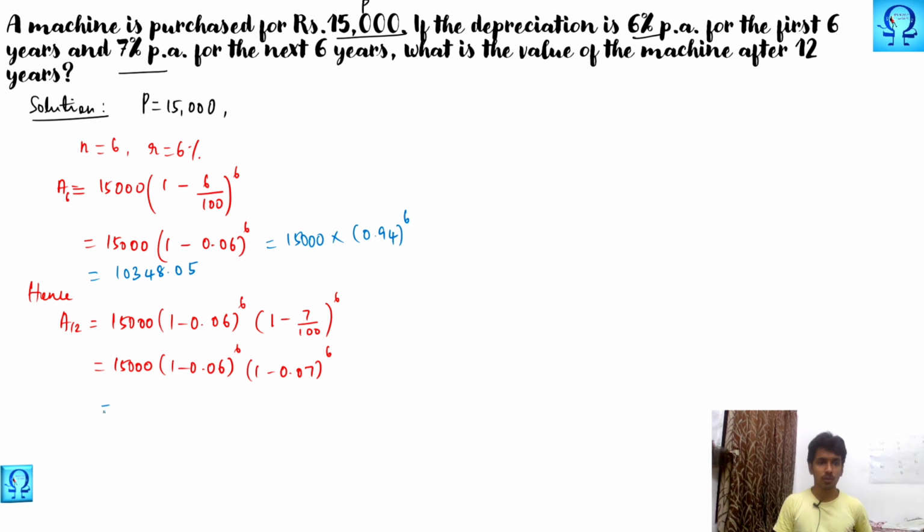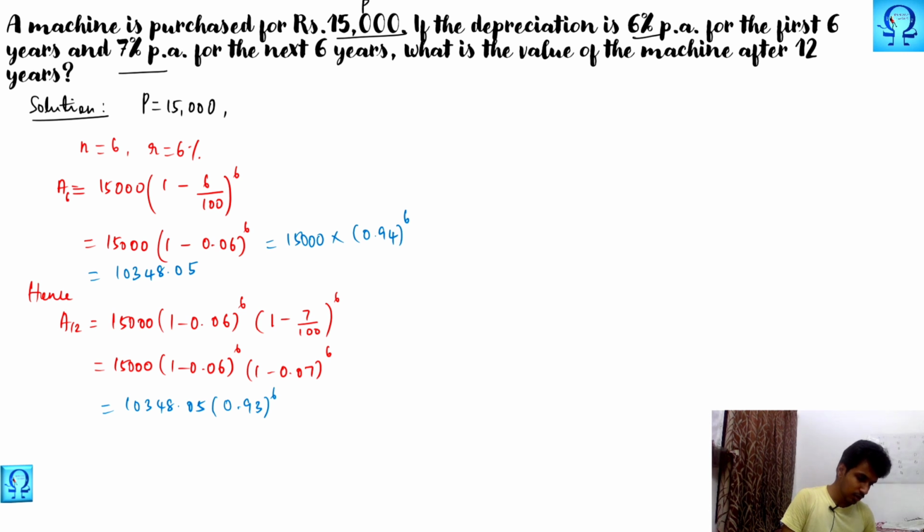Now what we do is that we substitute this value here, and multiply by 0.93 to the power 6. Along with this, we just multiply 0.93 to the power 6, and that gives us 66.95.08. So this is the value of the machine after 12 years.